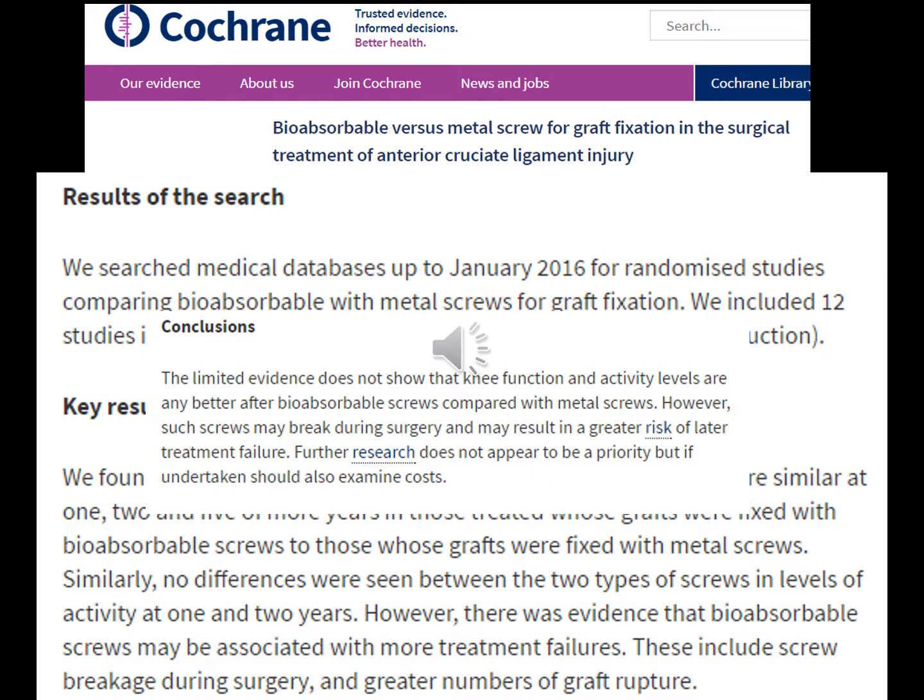This is another study done in the year 2016, comprising 944 patients, comparing bioabsorbable versus metal screws for graft fixation in ACL. They concluded that there is no difference between the two types of screw in level of activity at 1 and 2 years.